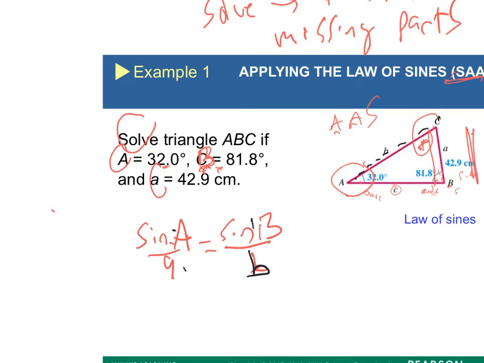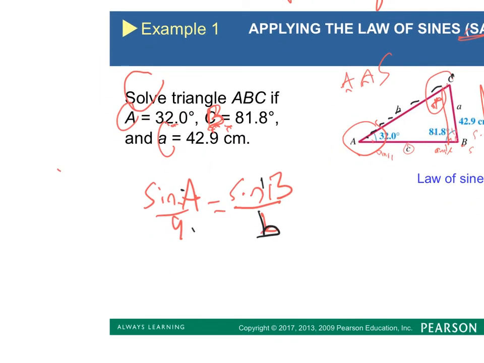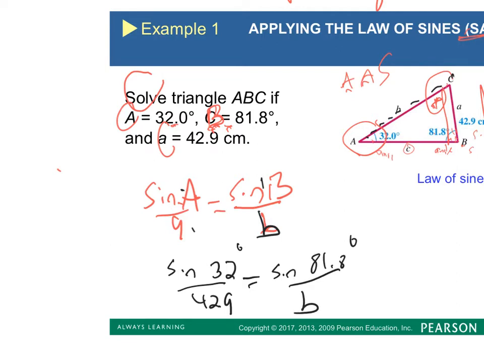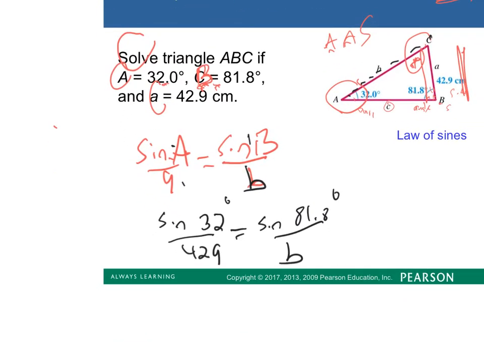I don't have B. See, that's this one right here. 1, 2, 3 things I have. Sine of 32 degrees over 42.9 has to be equal to sine of 81.8 degrees over what I don't know. Use your friend, the cross multiply and divide.